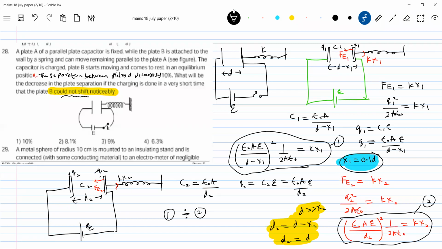Sir, x2 will be 0.729d. x2 will be 0.729d. So it will become 73%.